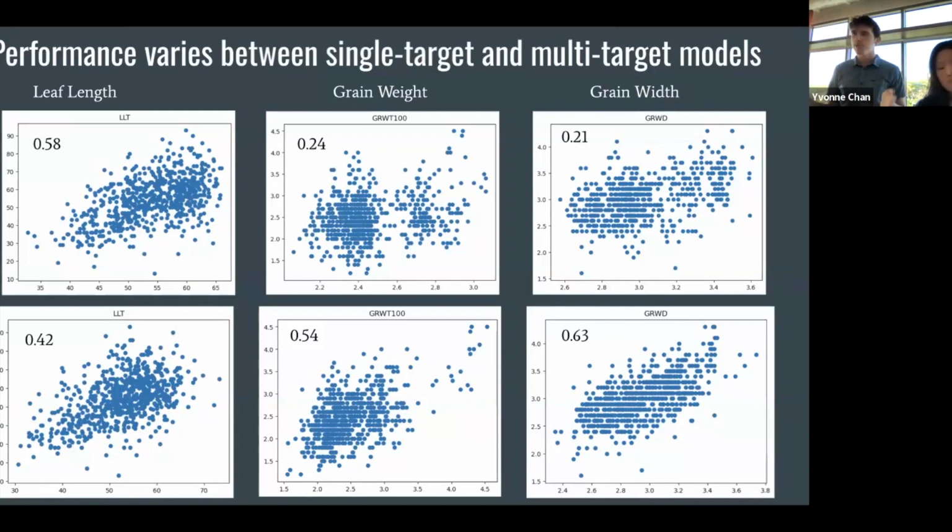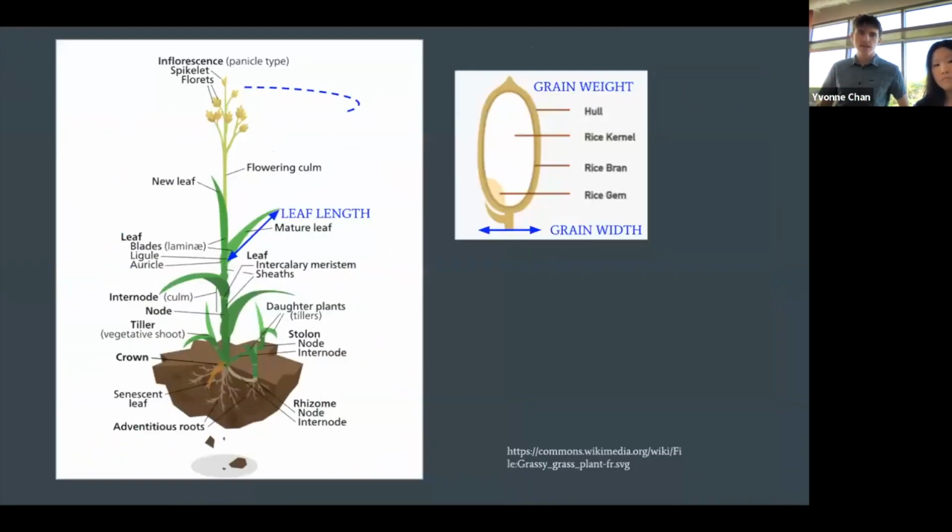So it's kind of a trade-off, and we just had to select which models work best for which traits individually. And then right here, you can see leaf length, that's the length of the leaves right there, and grain width, just width of the grain.